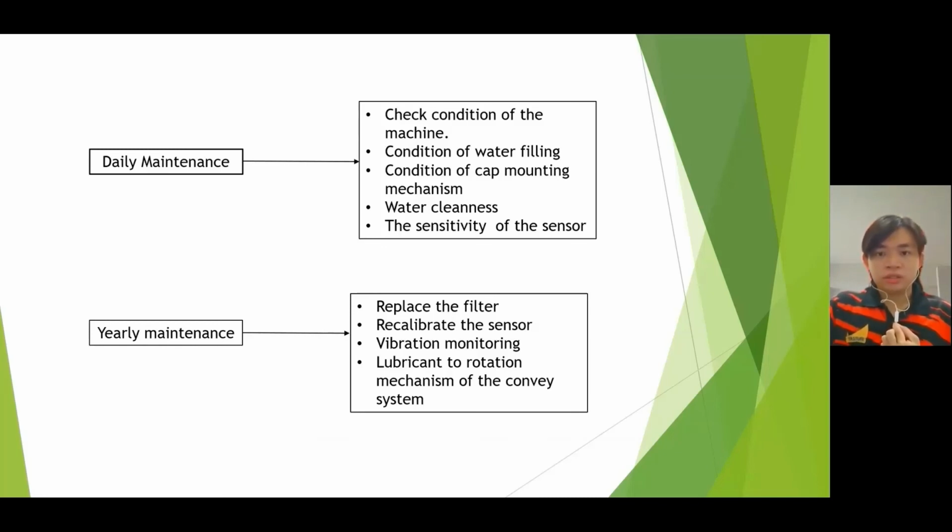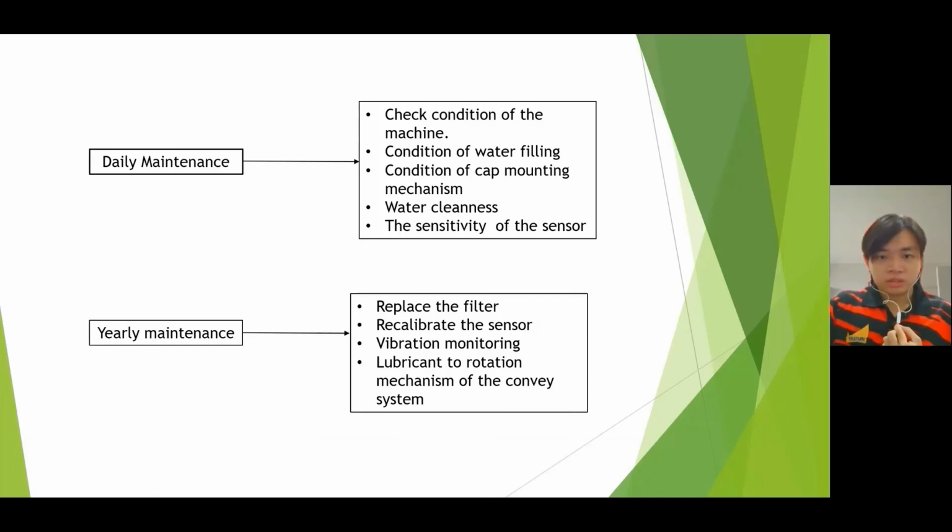The sensitivity of the proximity sensor is checked daily in order to produce a precise output. If the sensitivity of the sensor is very low, immediate calibration needs to be done to the proximity sensor.